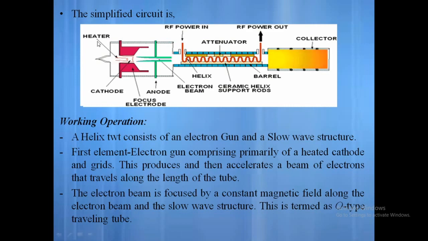So it consists of a heated cathode with several grids. This produces and then accelerates a beam of electrons that travels along the length of the tube. The electron beam is focused by a constant magnetic field along the electron beam and slow wave structure. Hence, these are termed O-type traveling wave tubes. As we see from the front, it will look like an O.